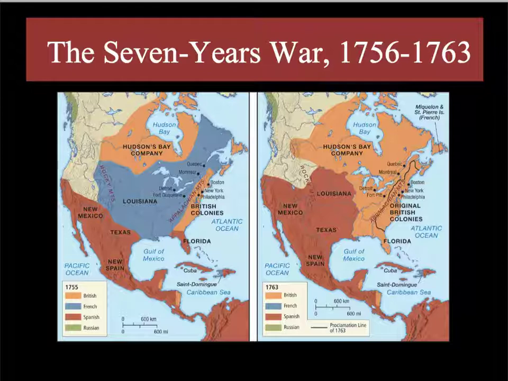England won, and at the Treaty of Paris in 1763, Britain acquired Canada from France and Florida from Spain. Holdings in India were divided between France and Britain. So Great Britain asserted itself as the greatest empire in this period. This was a truly global war.